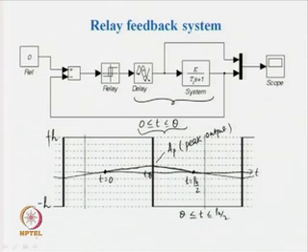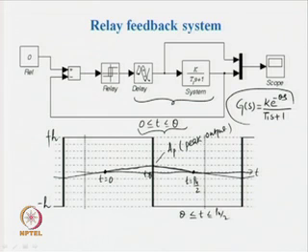Now, I shall start the analysis with the assumption that the system is represented in the general form having a static gain of K, a delay of theta seconds, and a time constant T1. So, this is the general form of a first order plus dead time system.